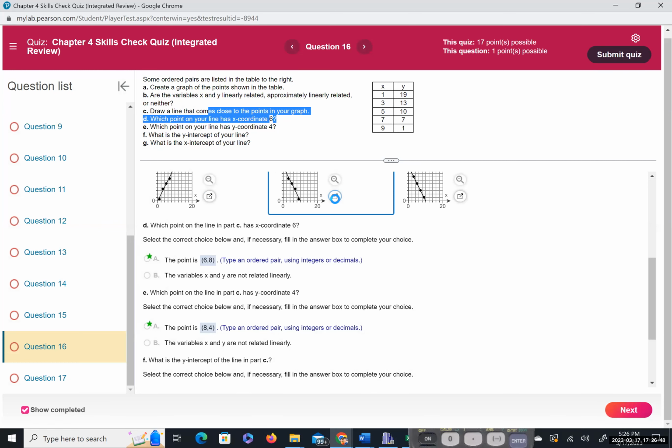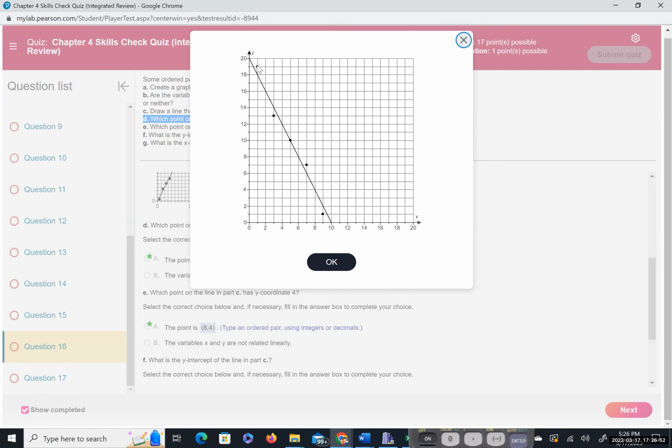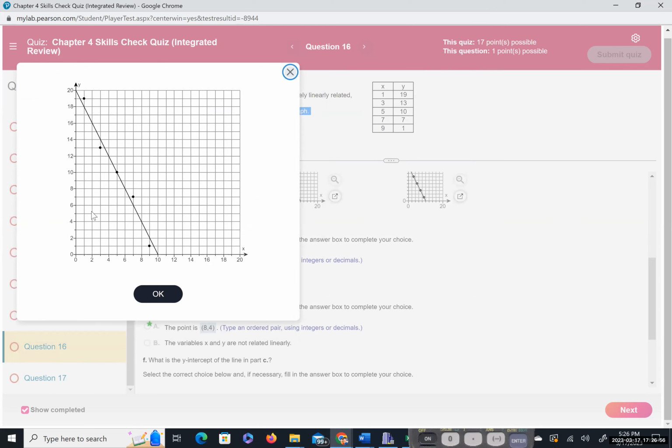I think it could be this one. Let's see. 1, 1, 9. Good. What else? 3, 1, 3. Good. 5, 1, 0. Good. 7, 7. Yep. 9, 1. Okay, I think it's this one.